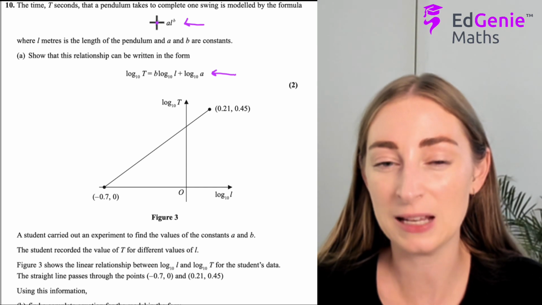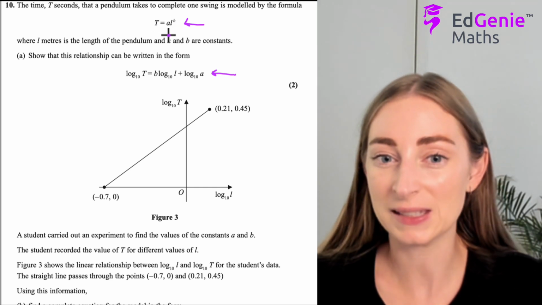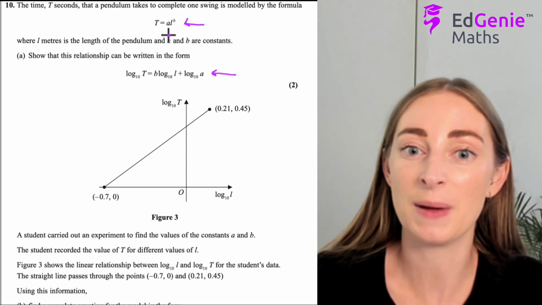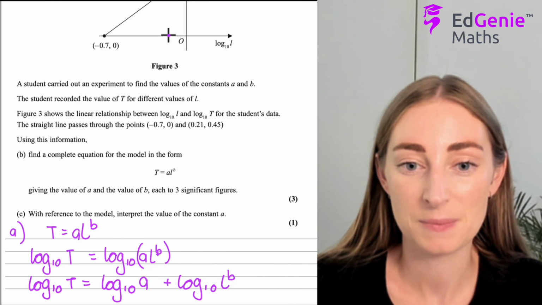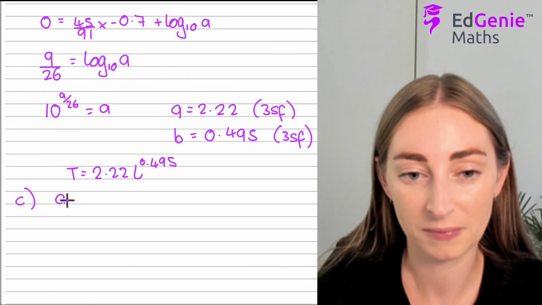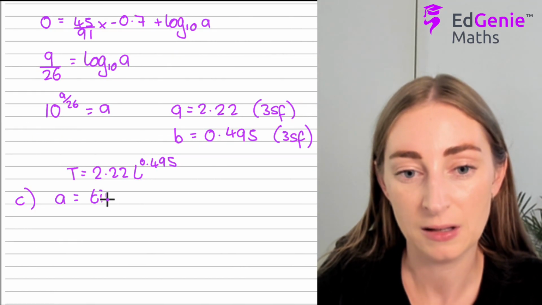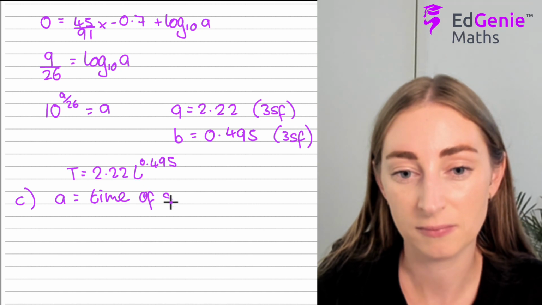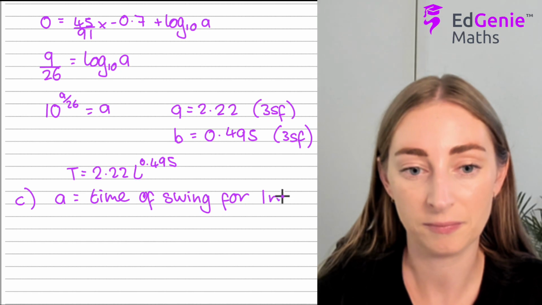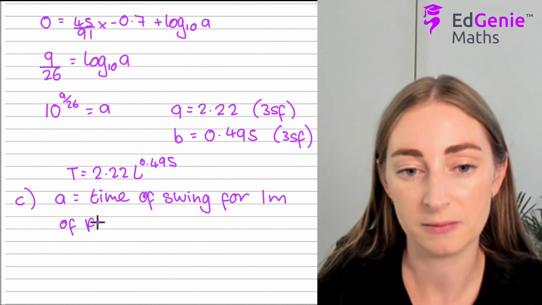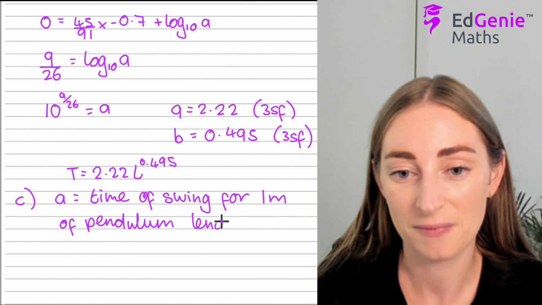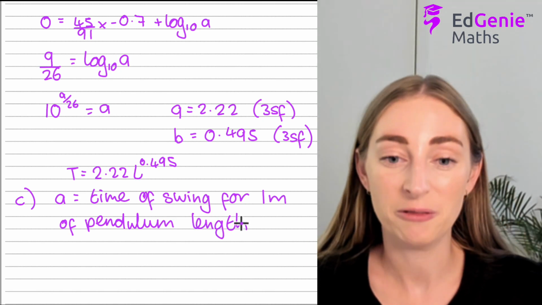So t would equal a. So that means that a must be the time for every 1 meter of the pendulum length. I'm going to put time of swing for 1 meter of pendulum length.